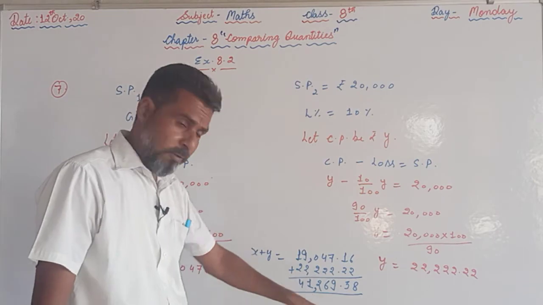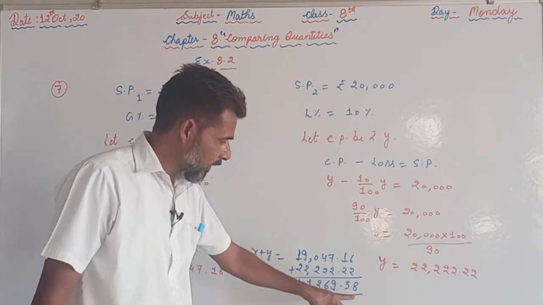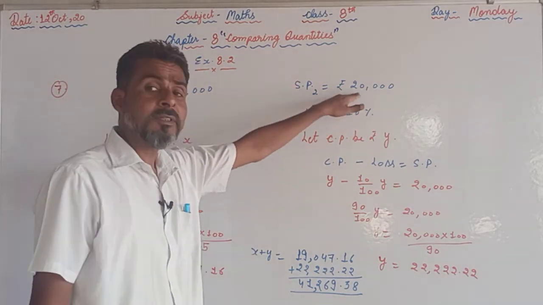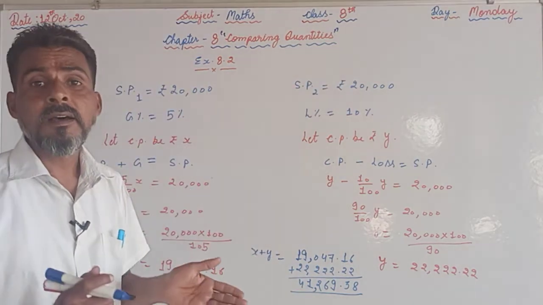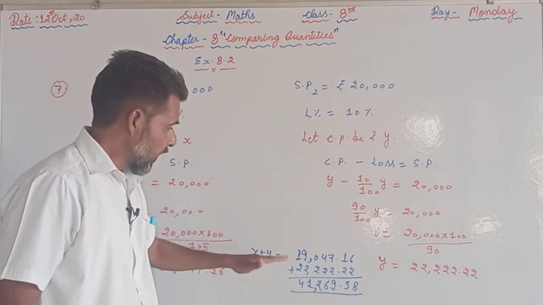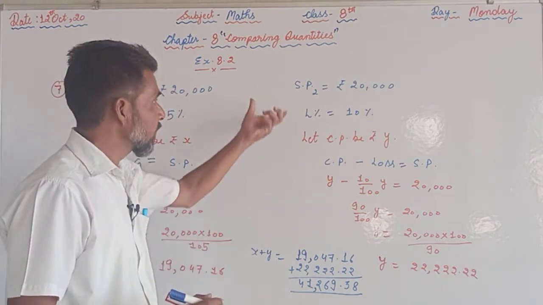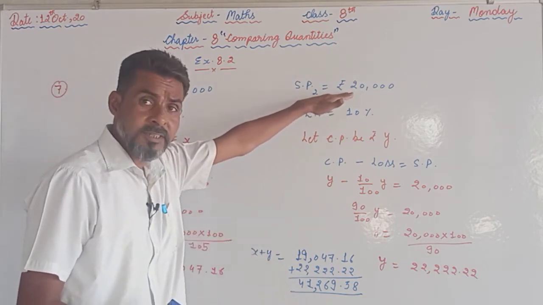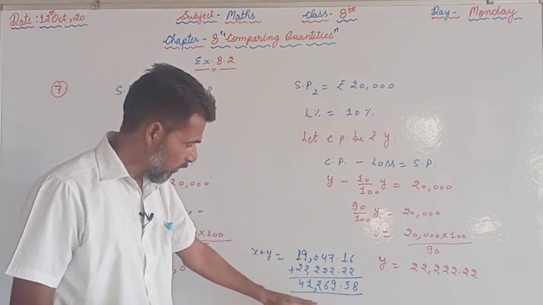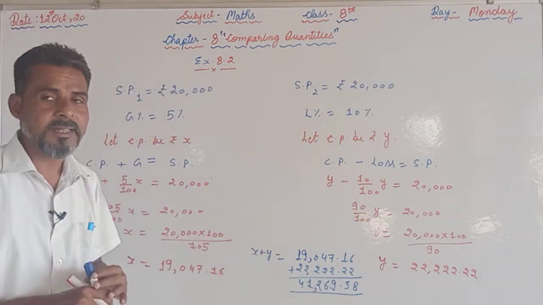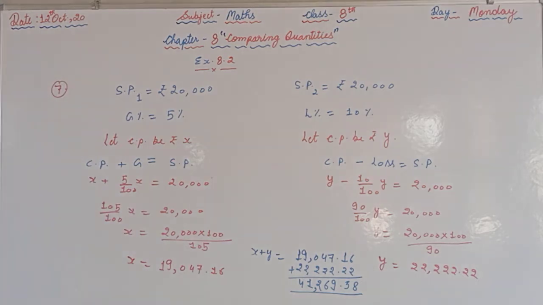So he purchased the buffaloes for 41,269 rupees and 38 paise, and he sold them for 20,000 plus 20,000, 40,000. Means there is a loss because the CP is more than the SP, and we can find the loss by subtracting SP from CP. We subtract 40,000 from 41,269 rupees 38 paise, and we will get the answer. Means there is a loss of 1,269 rupees and 38 paise.